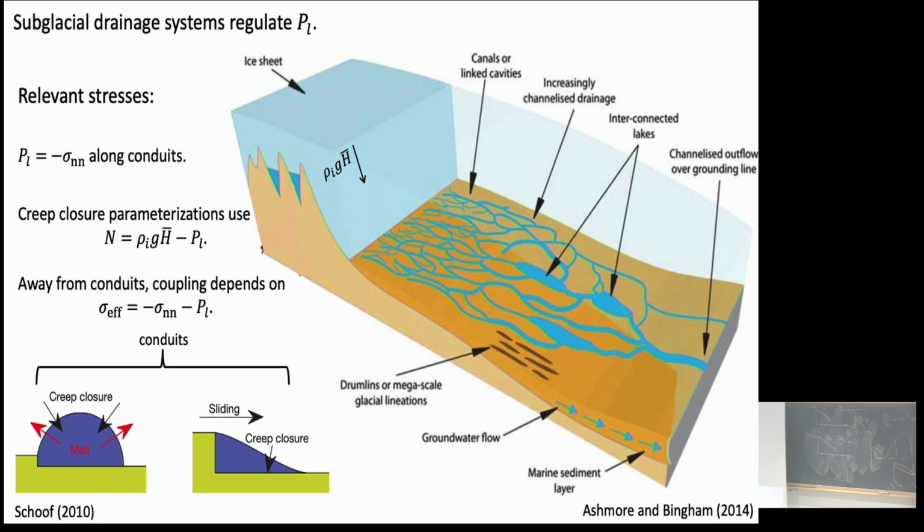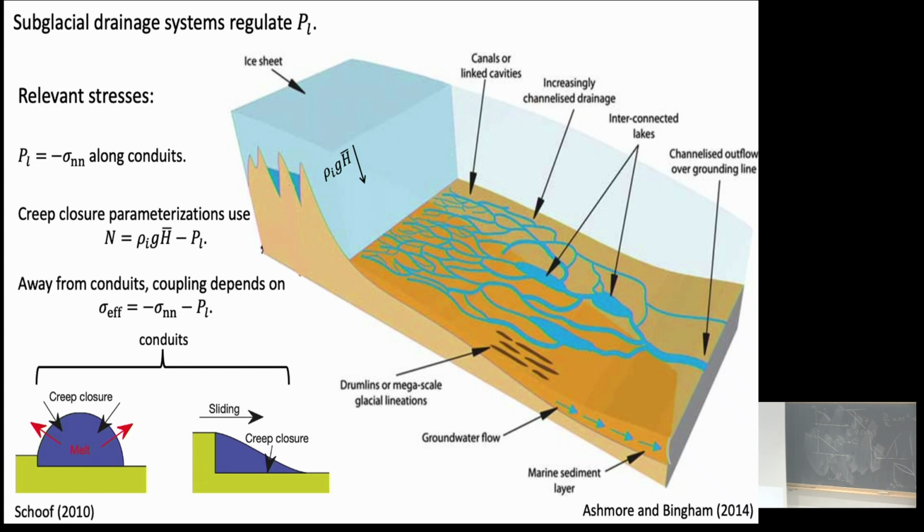I think we're getting to a stage now where people that model the water transport underneath glaciers, which determines this liquid pressure, are able to couple their models to the ice flow models so that you can have the coupled system going forward. That's the dream. But we do understand many of the basic processes.